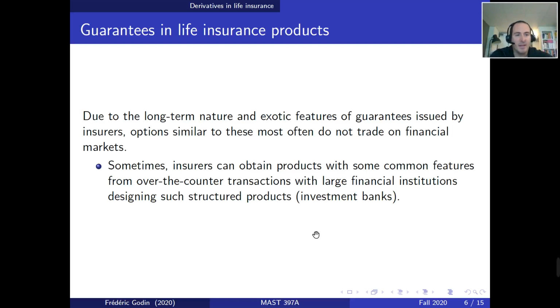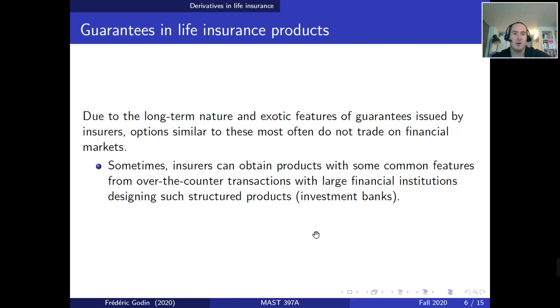If you want to have tailor-made structured deals whose payoff look pretty much like the ones from your liabilities, or not pretty much, but at least has some common features, then most likely you'll have to either go to investment banks to get these type of structured deals which have exotic payoffs, which should at least have some similarities with the payoffs of your liabilities, or alternatively an insurer can undergo a reinsurance, so insure itself.